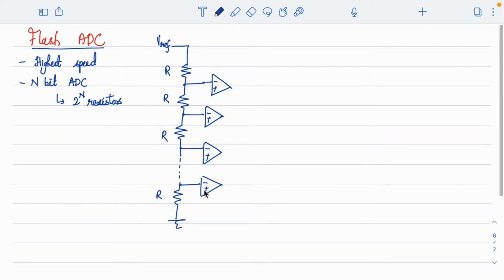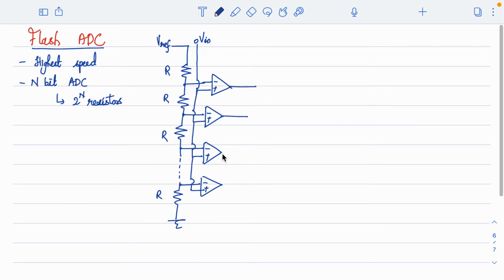To the minus input terminal, the reference voltage comes through the resistor string, and to the plus input we have the input voltage. The input voltage, Vin, is connected directly to the plus input terminal of all the comparators.